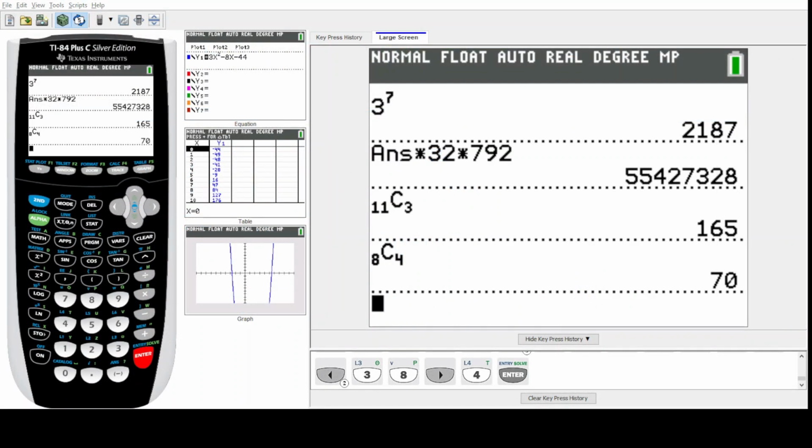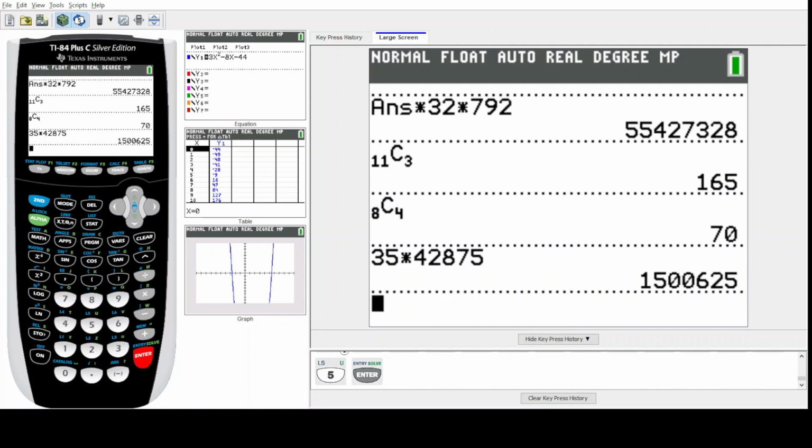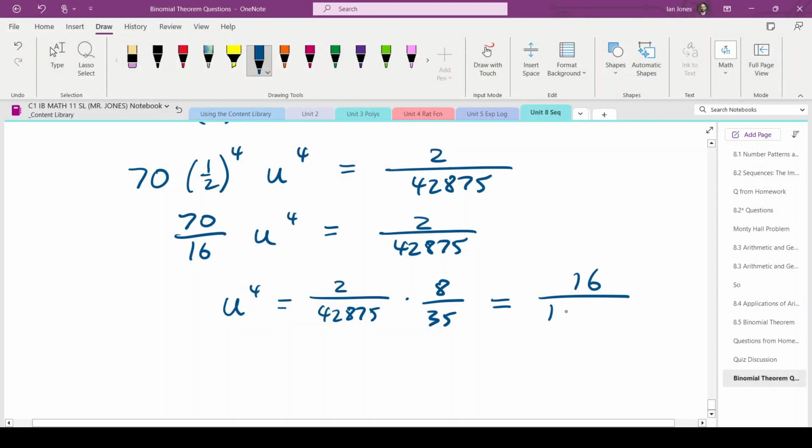We're looking at 35 times 42,875 equals, what is that? 1,500,625. And now I'll take the fourth root of both sides.